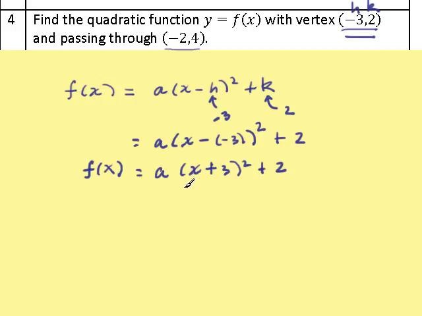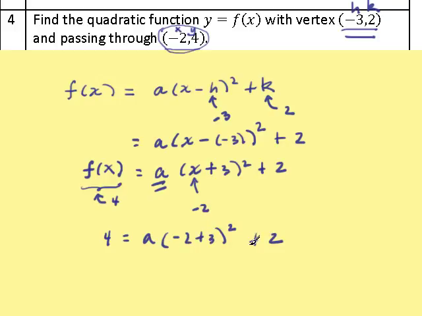So now what we need to find is a, and that's why we were given this point. So we're going to fill in for x minus 2, and for y we'll fill in 4. Remember, f of x and y are the same. So let's write 4 is equal to a times (minus 2 plus 3) squared plus 2.